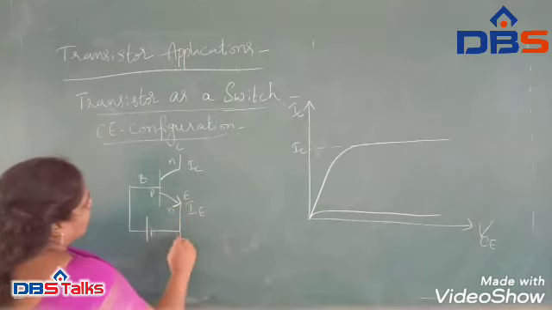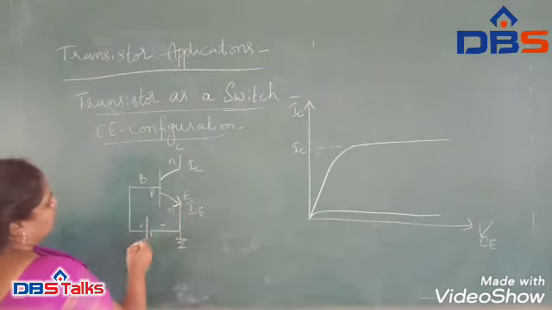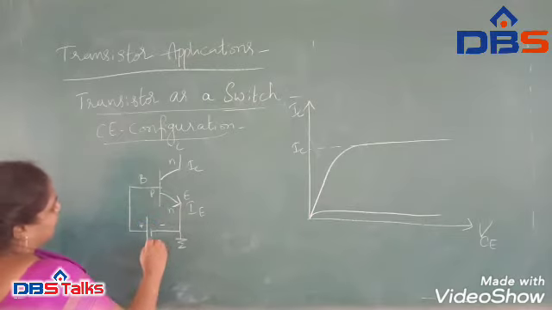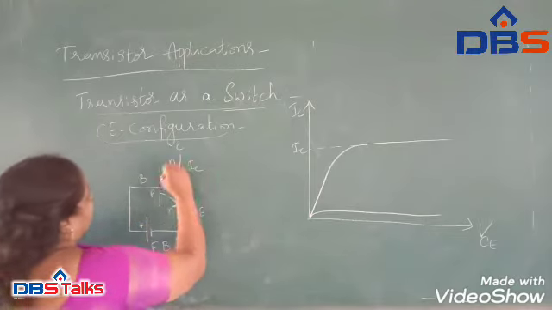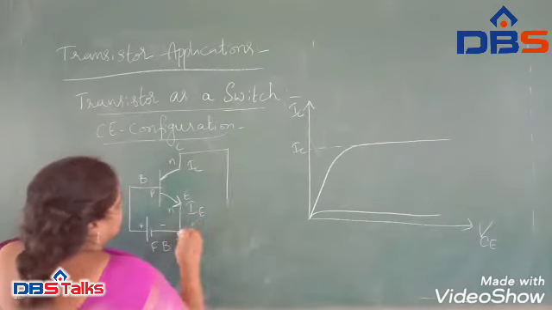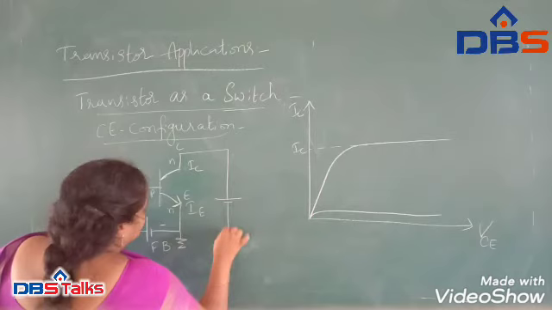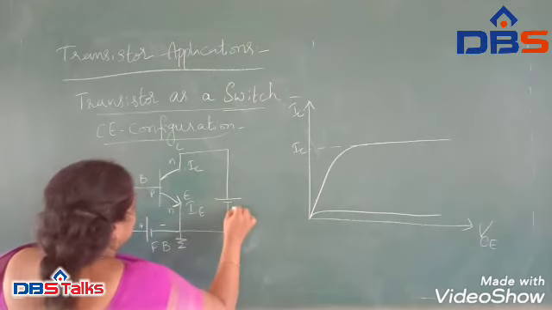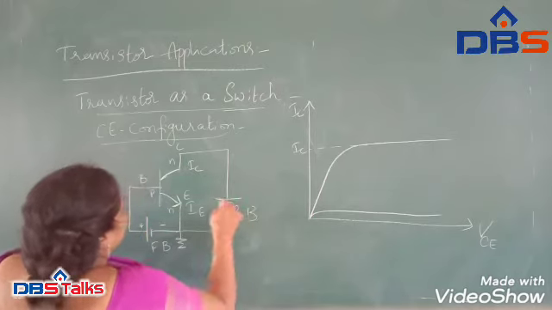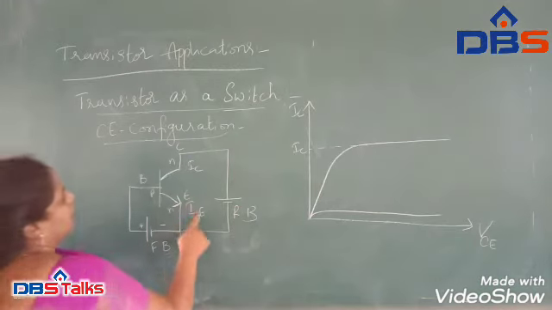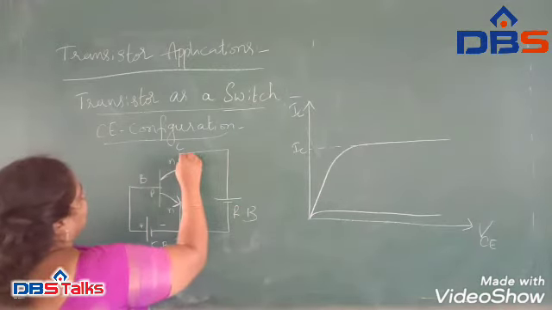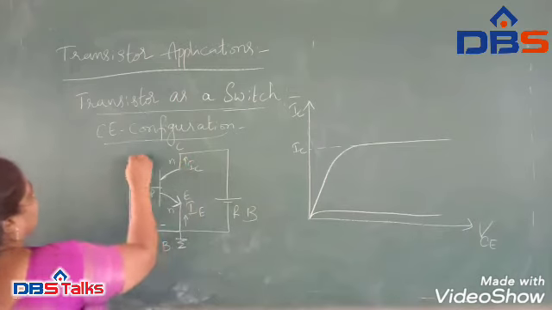For an NPN transistor, positive to negative is the forward bias condition. And the output junction is in the reverse bias, negative to positive. Here the currents are IE, IC and IB.